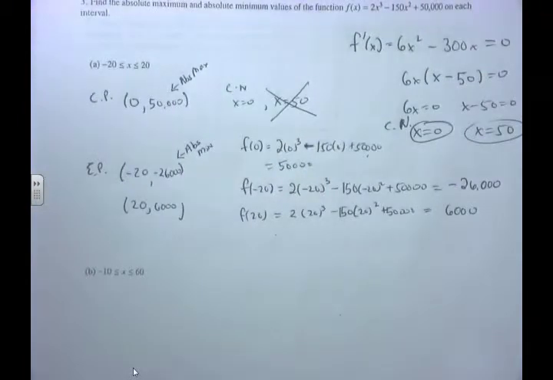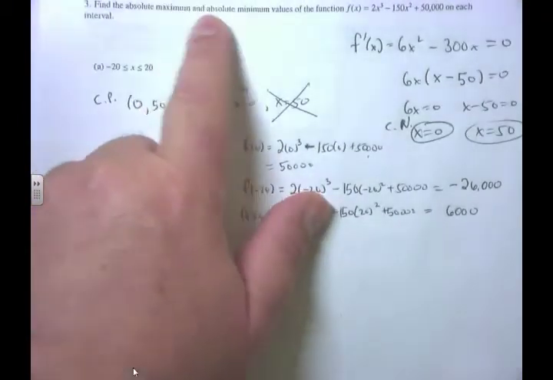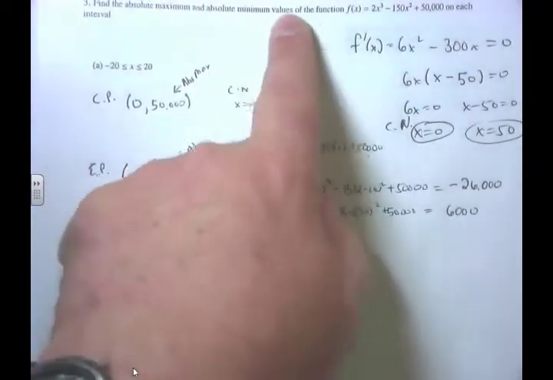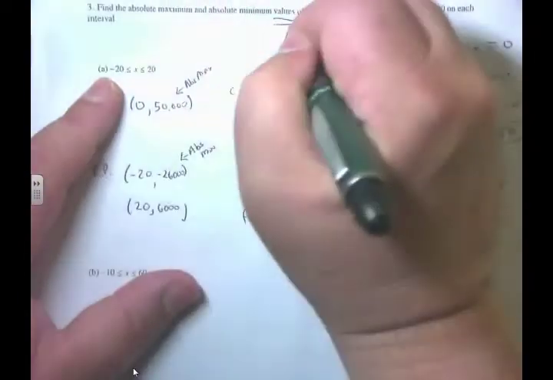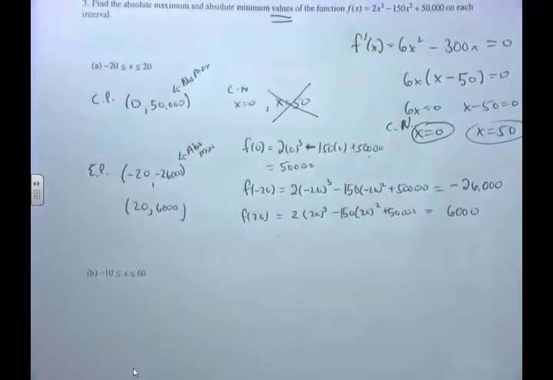Go back and read the question. Find the absolute minimum and absolute maximum values of the function. And I kind of hit you guys hard on this even on my test. When these people that make up these exams ask for the values of a function, what are you going to give them? The y-coordinates. It occurs at the x-coordinates.